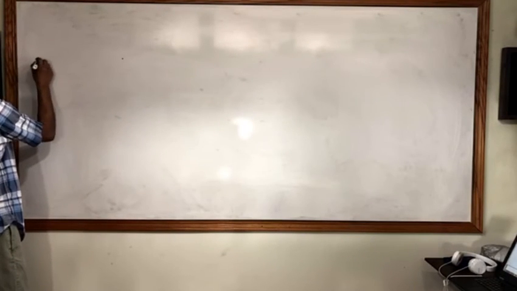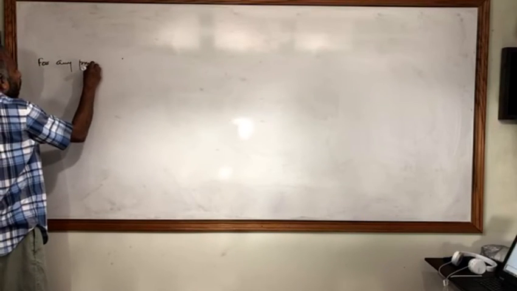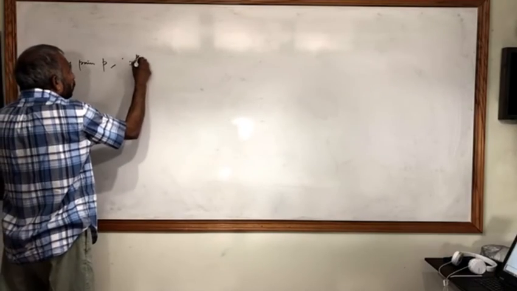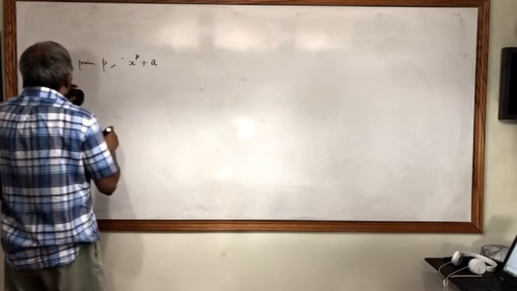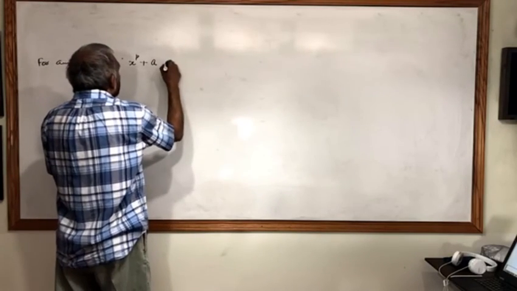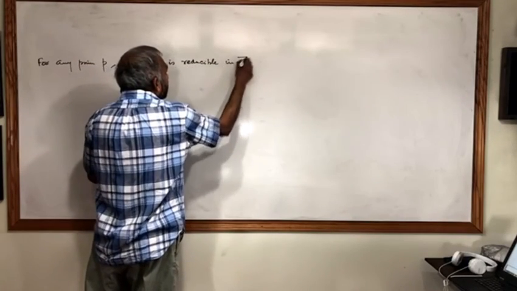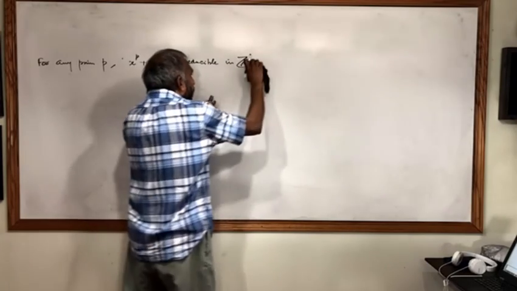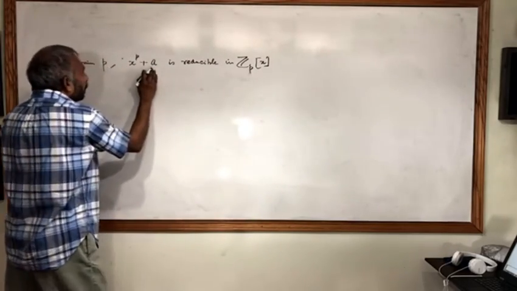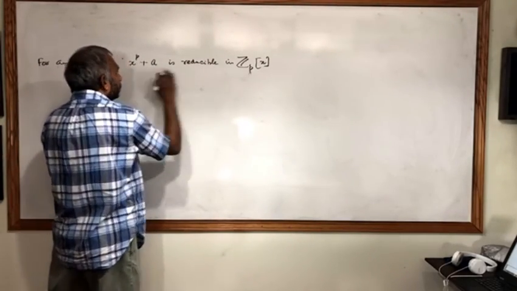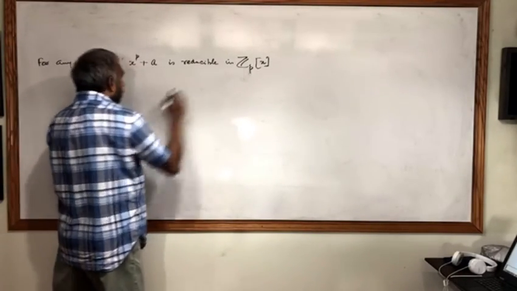The problem is this: for any prime p, x to the power of p plus a is reducible in Zp of x, meaning this a is always less than p. If this is a polynomial in here, a should be less than p.